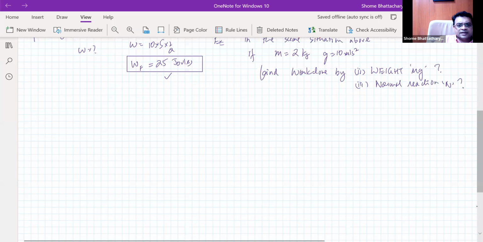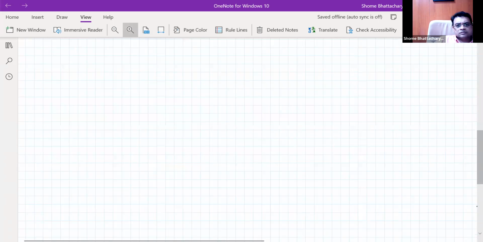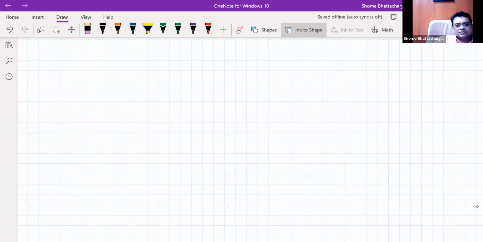Okay, so I'm just making the diagram again. So displacement is at 60 degrees to the horizontal. So let's say displacement is this vector. This angle is 60 degrees. But in comparison to that, what is the weight?